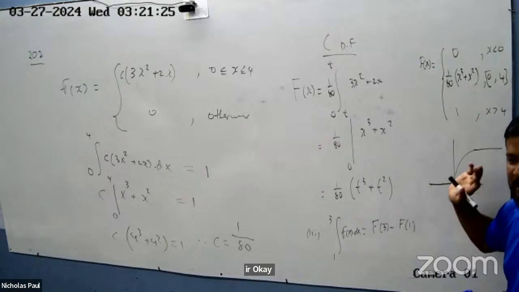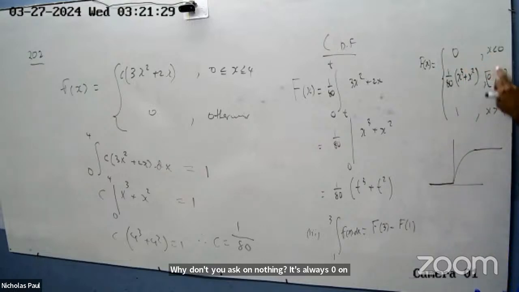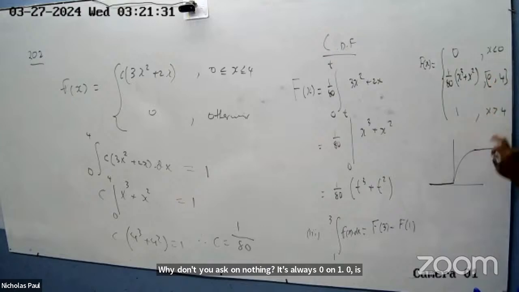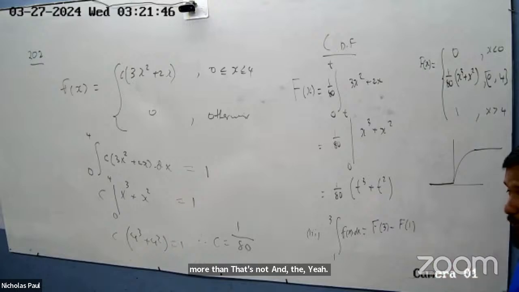A standard thing: it's always between 0 and 1. This part is always 0, and this part is always 1. Because remember, it's probability, so the probability accumulates to 1.